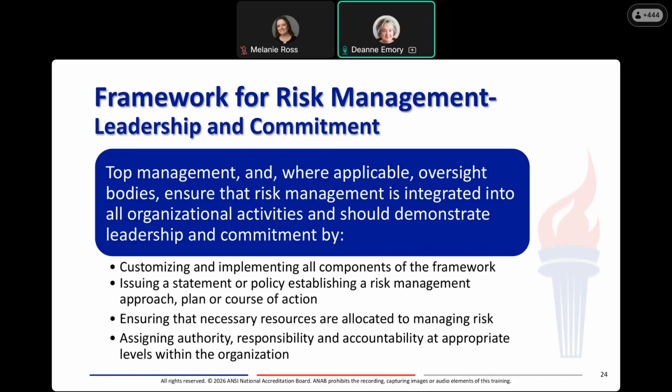So some of this framework is built into the requirements of the standards that organizations like you are accredited to or certified to. But all of what we are discussing today are guidelines and best practices to reach the requirements to the standards that you are accredited or certified to.